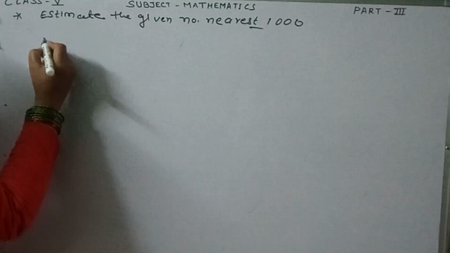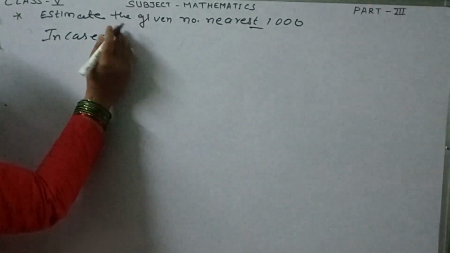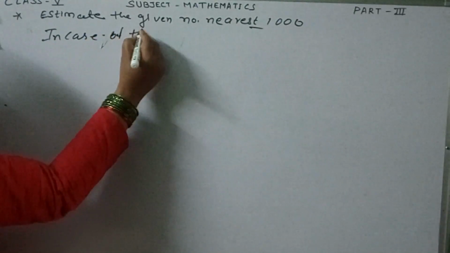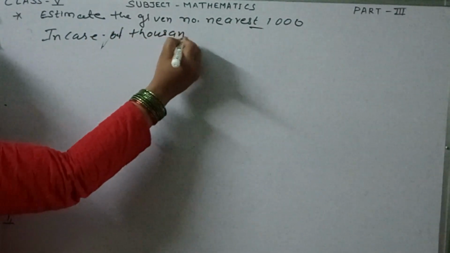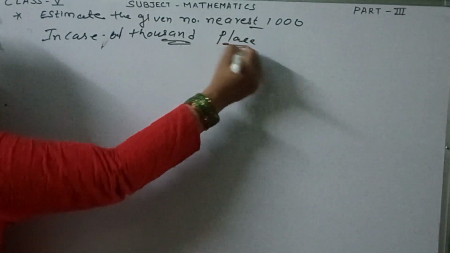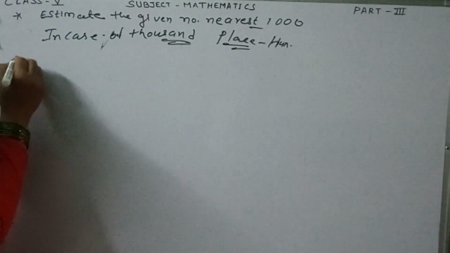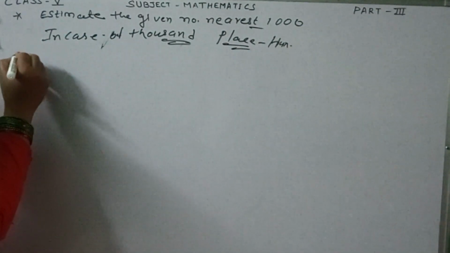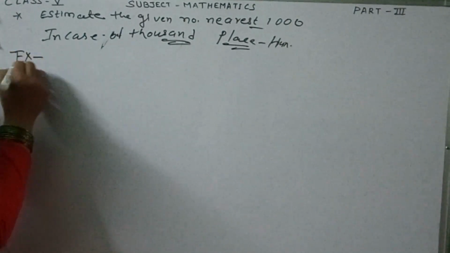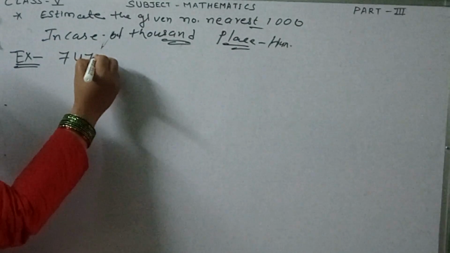In the case of 1000, you have to check the place value of 100. Take one number as an example, 7475.